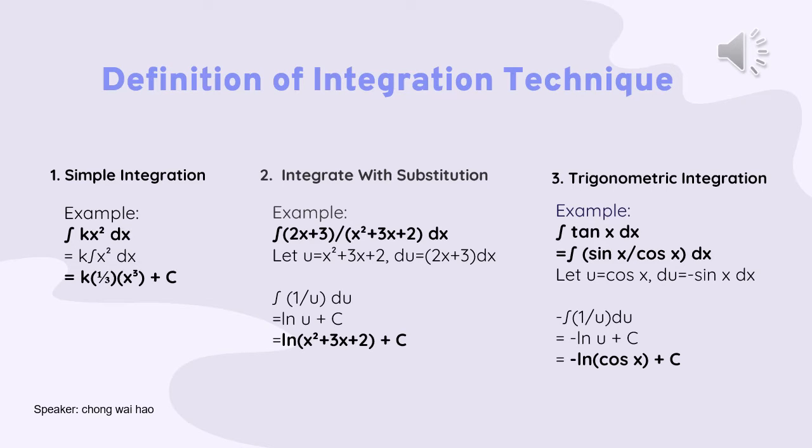Note that when using integrating powers, n in the formula must be equal to 2 or greater than 2. Otherwise, this technique cannot be used to solve the question. So, you need to use other techniques when n is lower than 2.